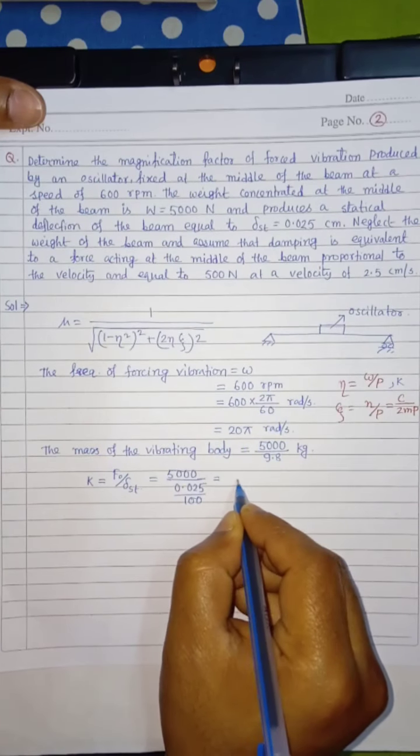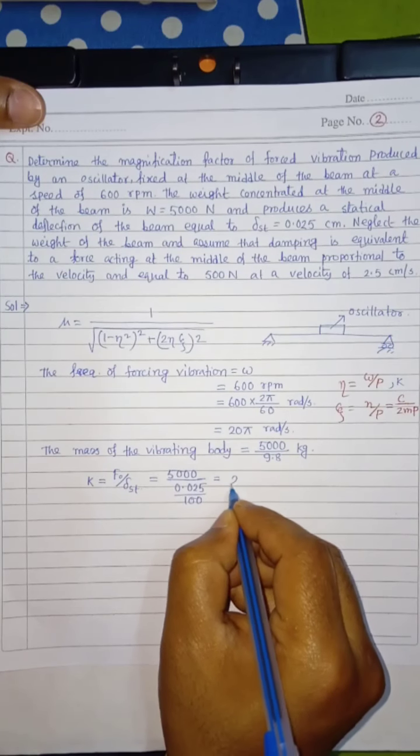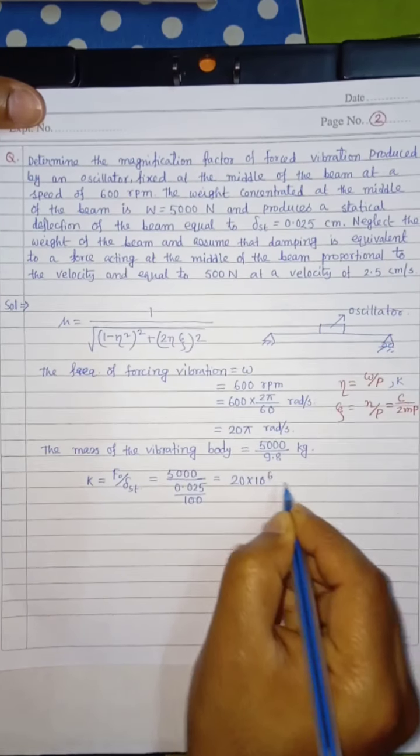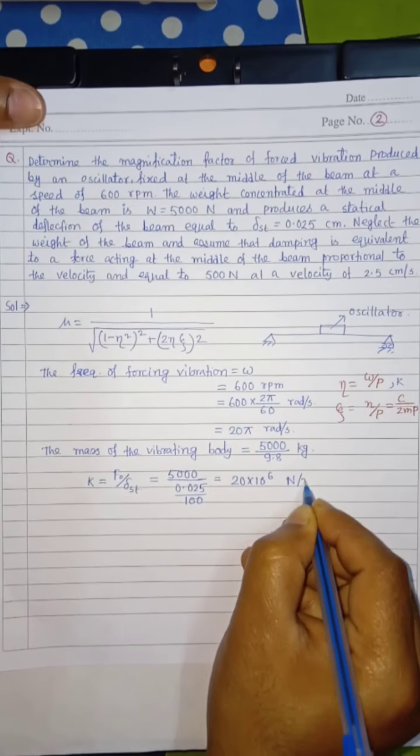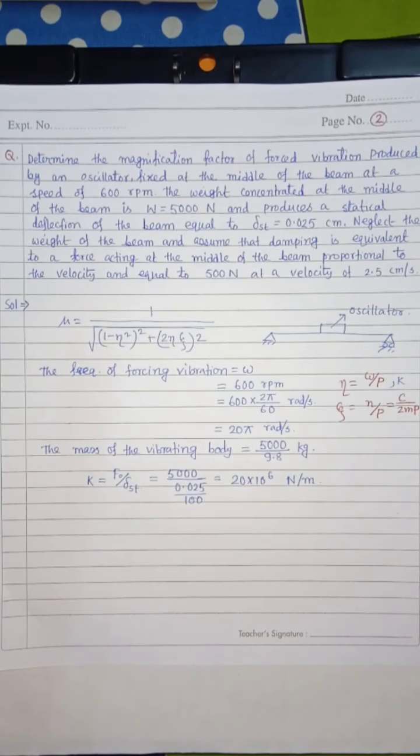So this will be the stiffness, 20 into 10 to the power 6 Newton per meter.